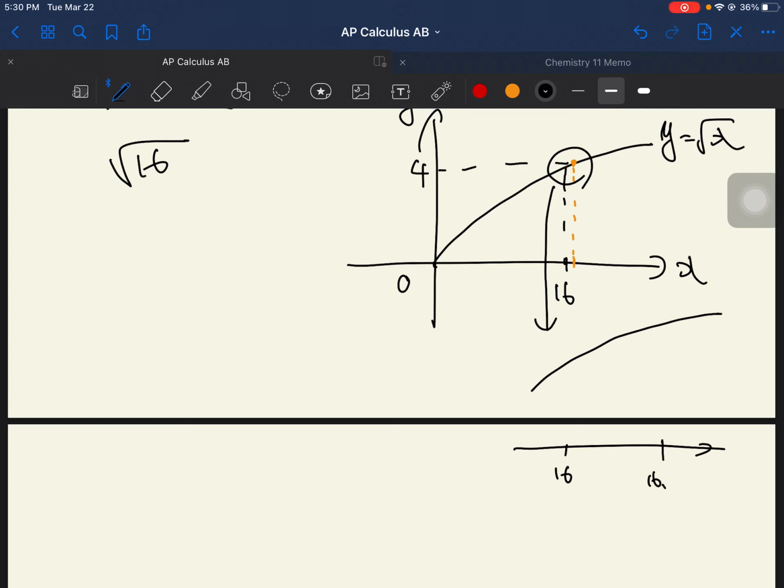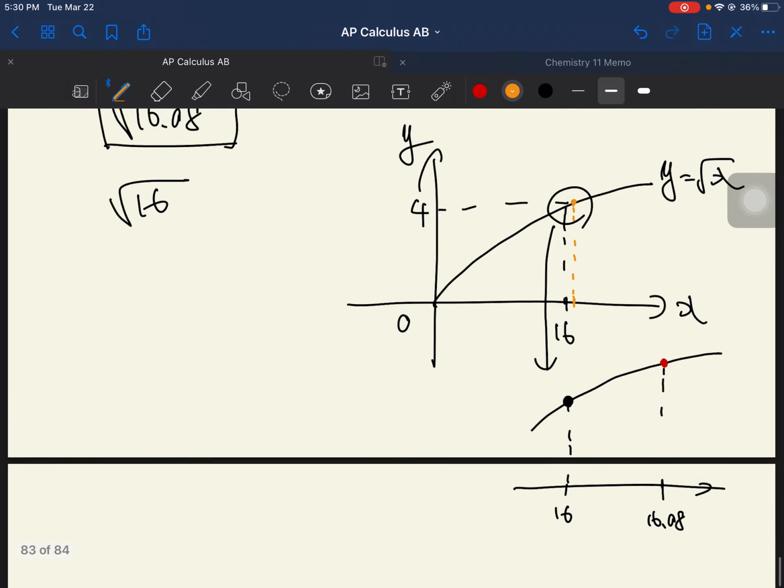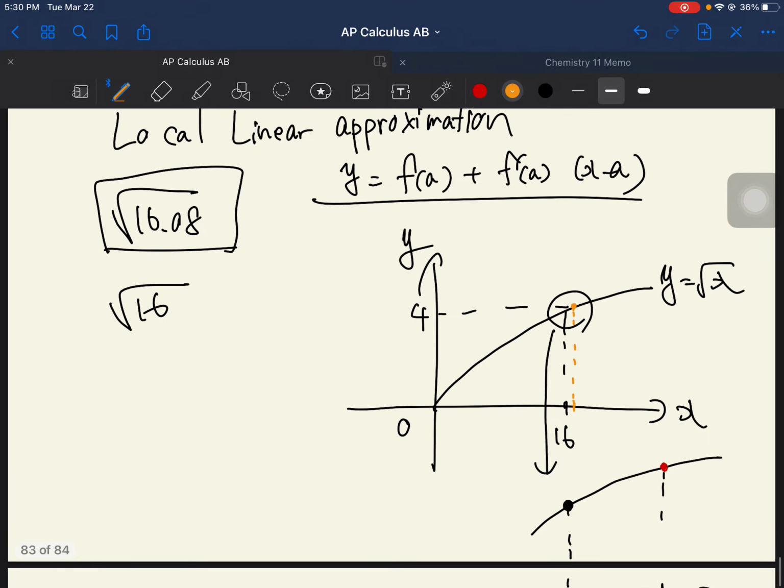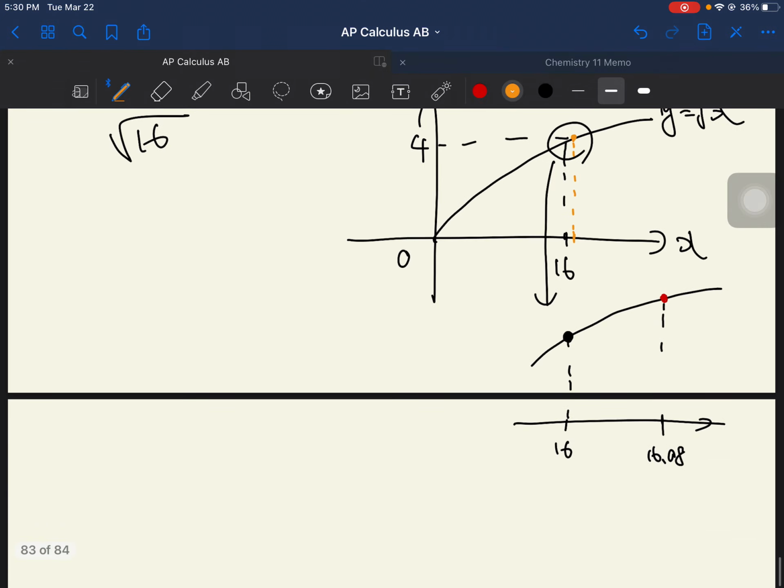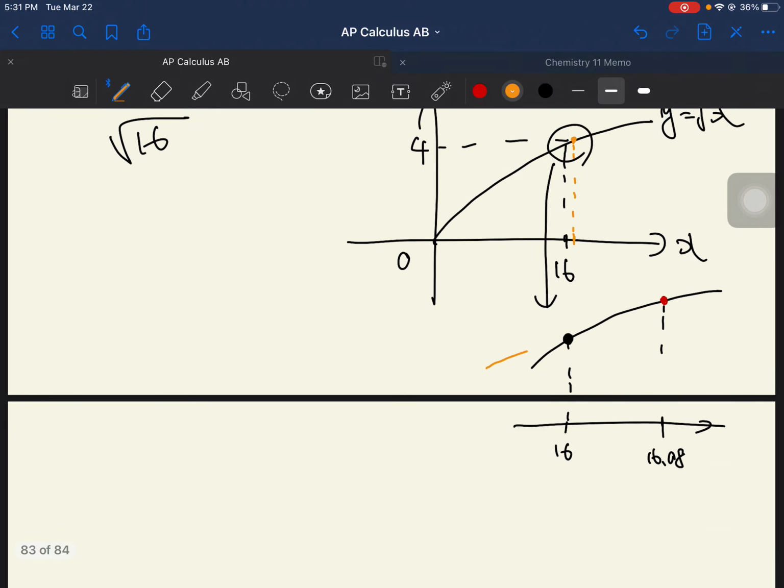The x value is 16.08. You have the value here, and also you have to find the value here. It looks a little bit complicated, but what local linear approximation does is, first you find the slope here.